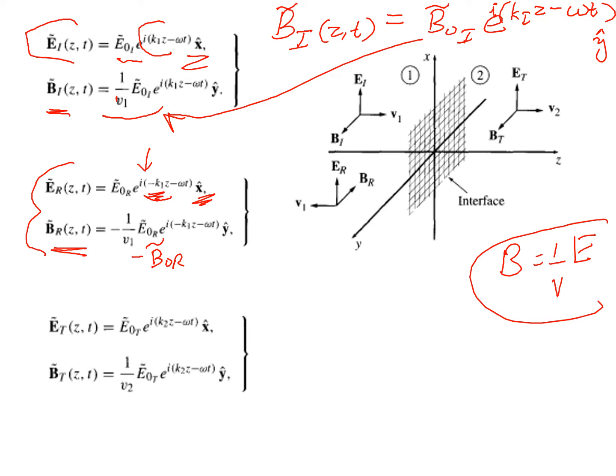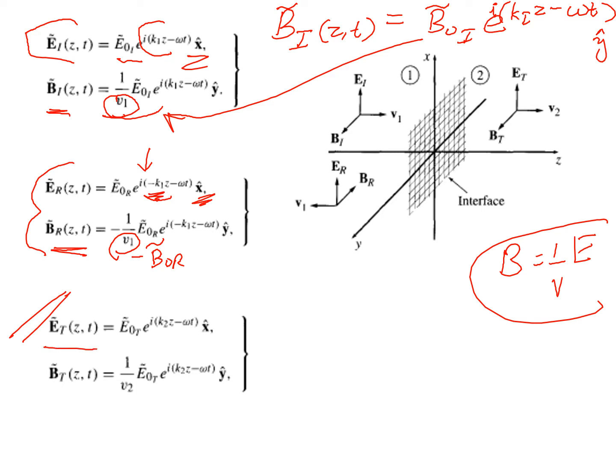But they used 1 by V1 times E0R complex, because we already mentioned the relation between these two, e to the power i(minus K1 Z minus omega t) in the y direction. And for the transmission, here you can see the speed V1 in the first medium for the incident and the reflected case also, because the incident wave and the reflected wave are in the same medium. But the transmission is in the second medium, so the speed will be different.